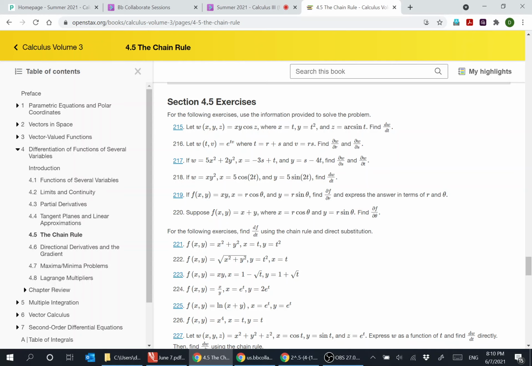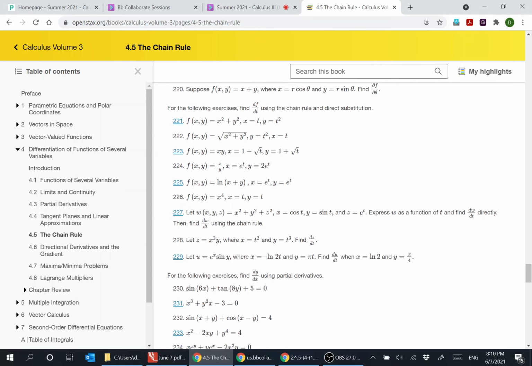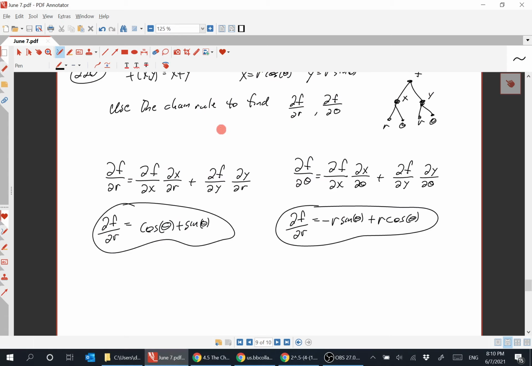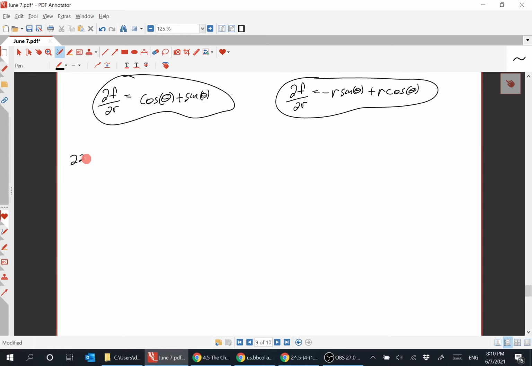So, rewriting this function f of x, y in terms of f of t, and then just taking the derivative with respect to t using Calc 1 techniques, and then use the chain rule as well and compare the two. We've already done that. I'll let you do 222 and do this on your own. 225, 229.